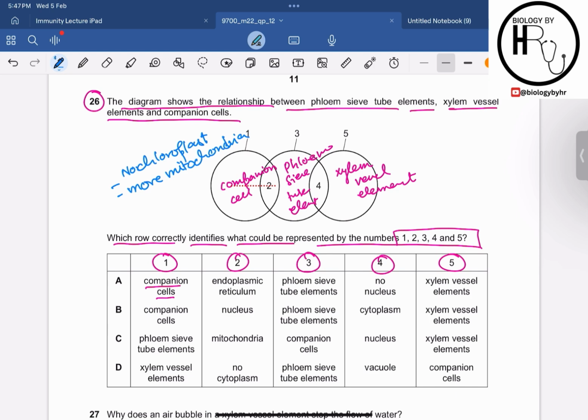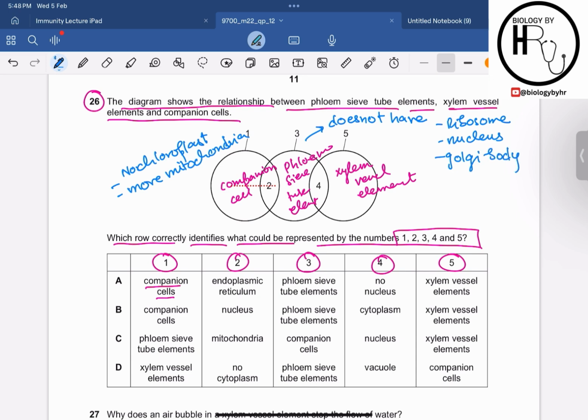And the phloem sieve tube element is usually a hollow type of cell, which has peripheral cytoplasm, meaning the cytoplasm is at the edges, and it has endoplasmic reticulum and mitochondria. But the key points you have to remember are that it does not have ribosomes, it does not have a nucleus, and it does not have a Golgi body.